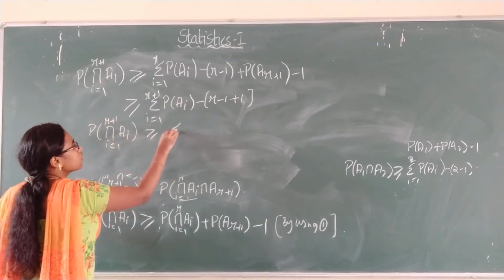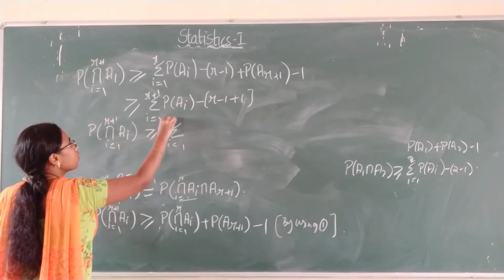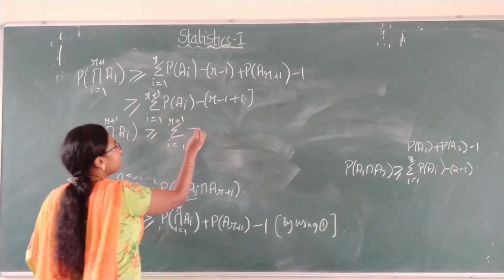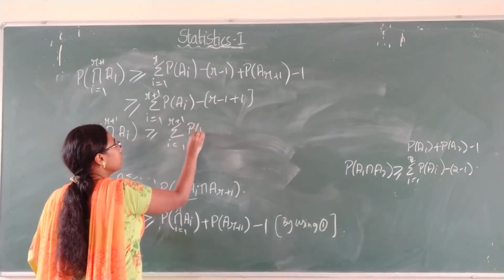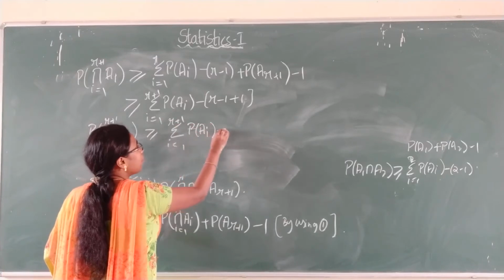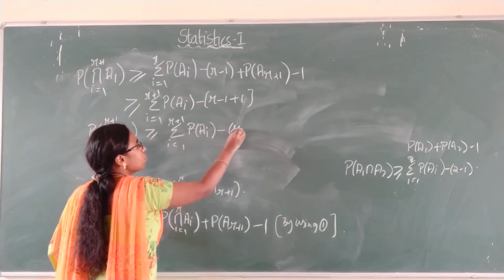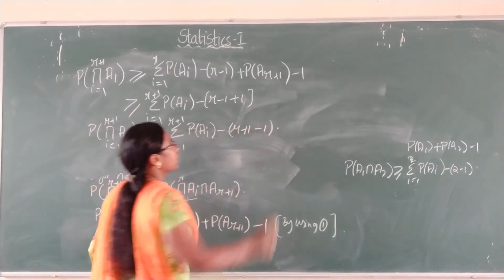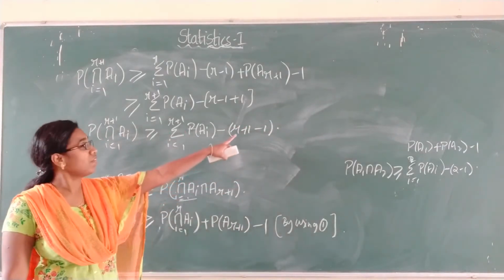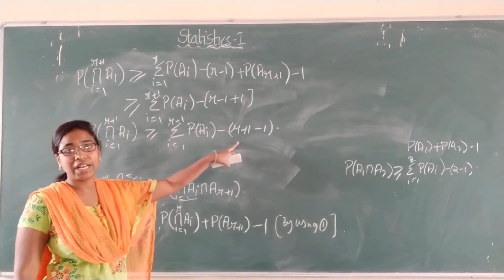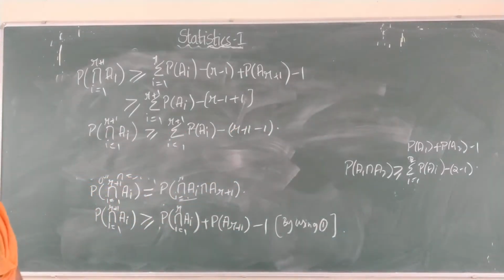Or equals to summation i equals 1 to r plus 1 minus P of Ai minus r plus 1 minus 1. So if I consider n events, that is r plus 1 events, we get r plus 1 minus 1. So for that symbolic representation, I have written like that.